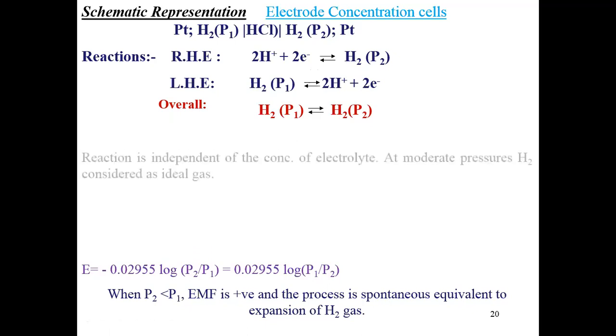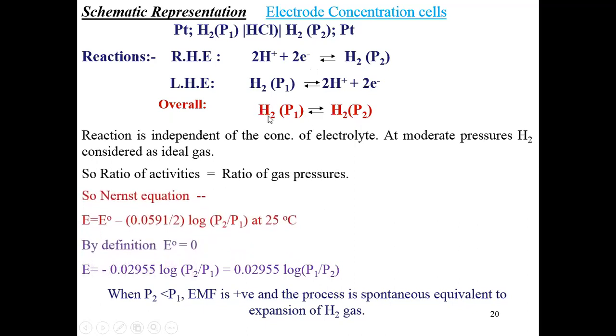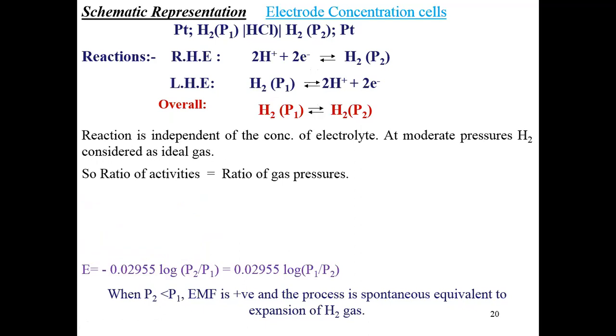Now we can also write the EMF of the cell, E cell, and derive that too. Here we can see the overall reaction is independent of the concentration of the electrolyte. H ion concentration is not involved. Only the partial pressure of the electrode hydrogen gas is involved. At moderate pressures, you can consider them as ideal gas, and the ratio of activity is the ratio of the partial pressure.